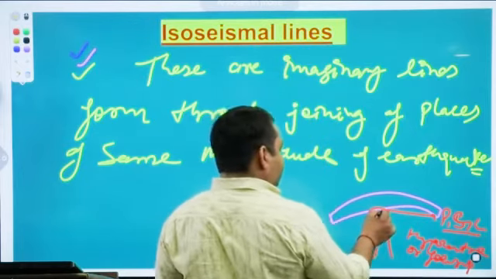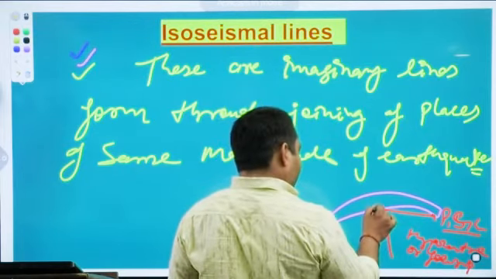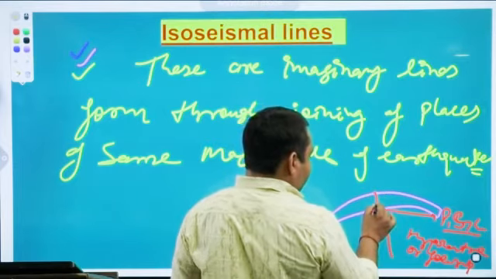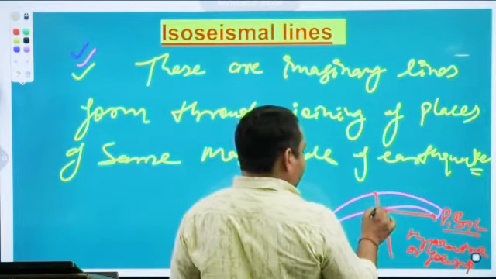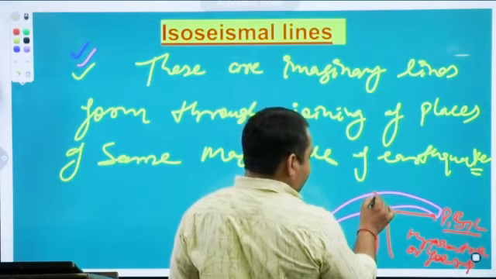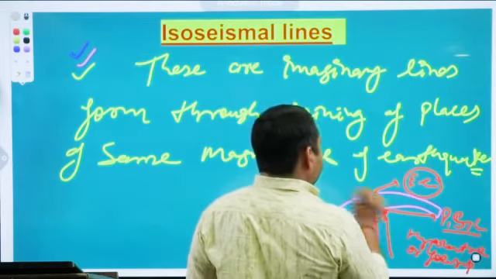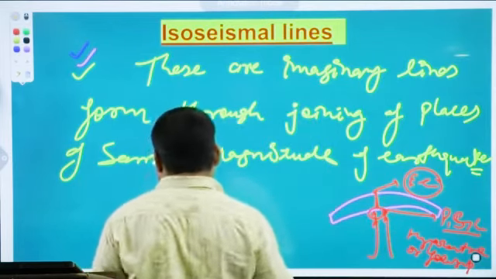From this point, a place on the surface of earth experiencing the vertical P, S, L waves reaching vertically, that is called the epicenter.